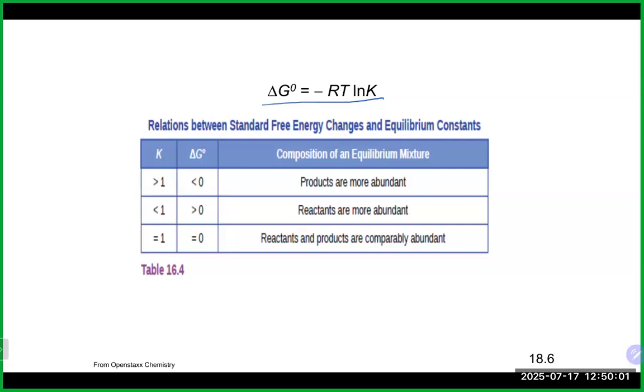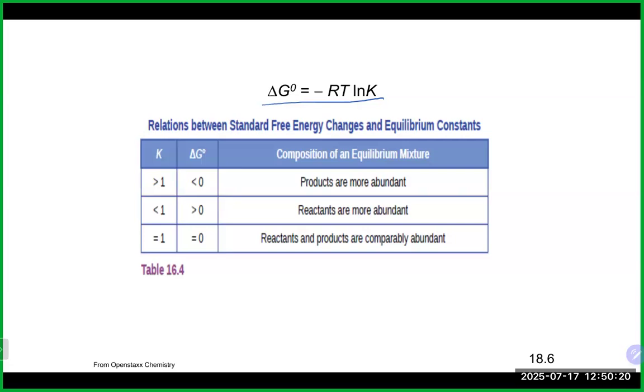And the only way to have products would be that the reaction most likely has to be spontaneous to head towards the products. So those things should agree with each other. If you have a large value of K, you probably should have a negative delta G because that all kind of goes together.